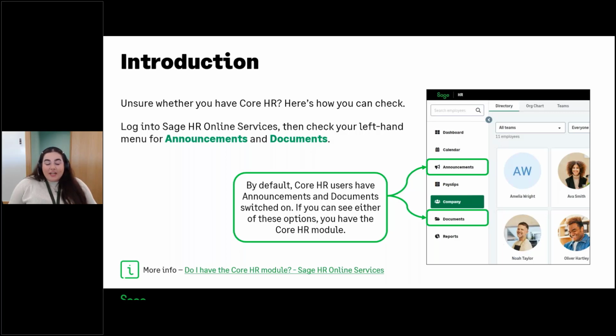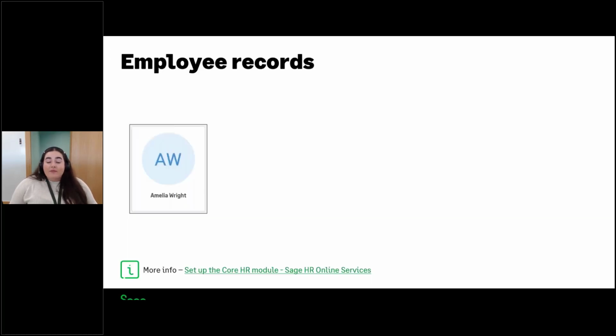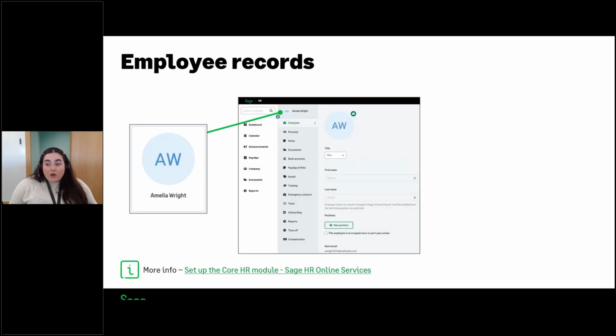Let's actually start taking a look at some of the features of core HR, and we'll start with the employee records and company directory. So on Sage HR, each employee is going to have their own profile or employee record, and they'll each have a unique email address as well, which they'll use alongside a password as they log into Sage HR. And when they do log in, either online or on the mobile app, they can view their profile.